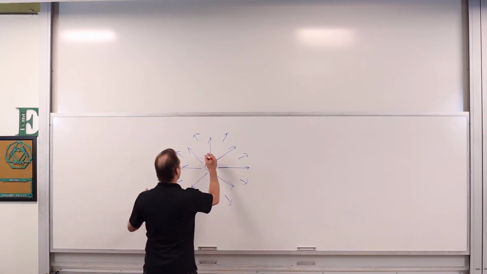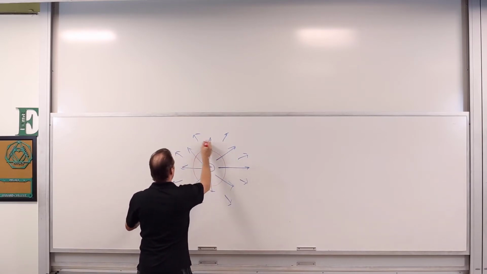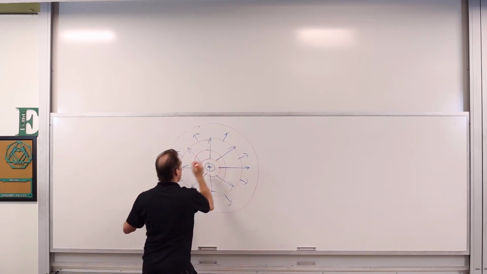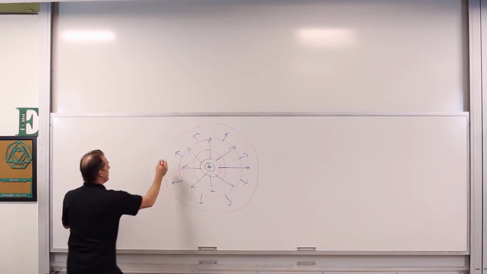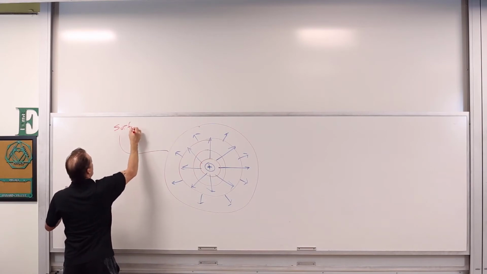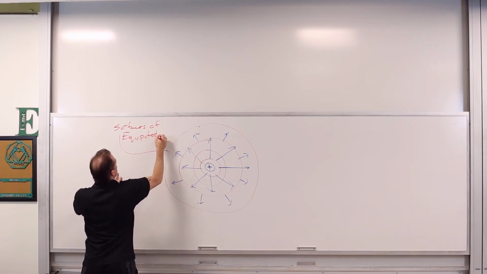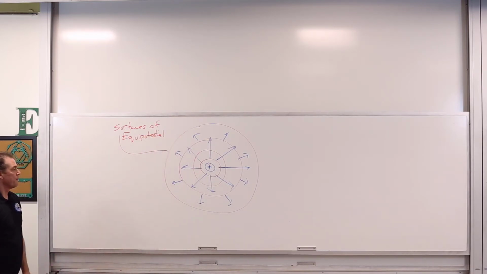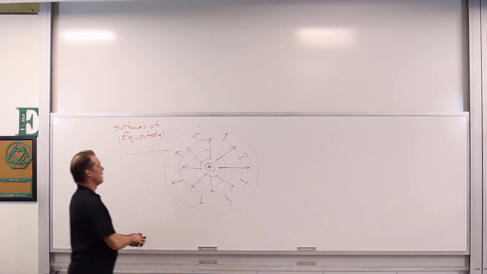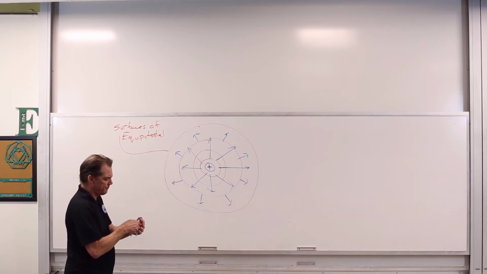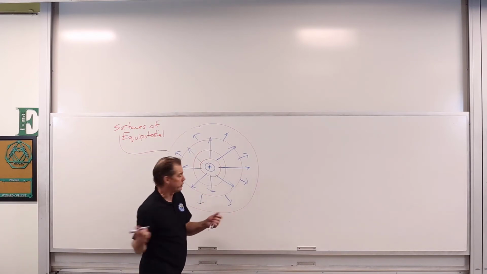So really what we get here for surfaces of equipotential is, we could do a whole bunch of them or just a few, but these would be surfaces of equipotential.